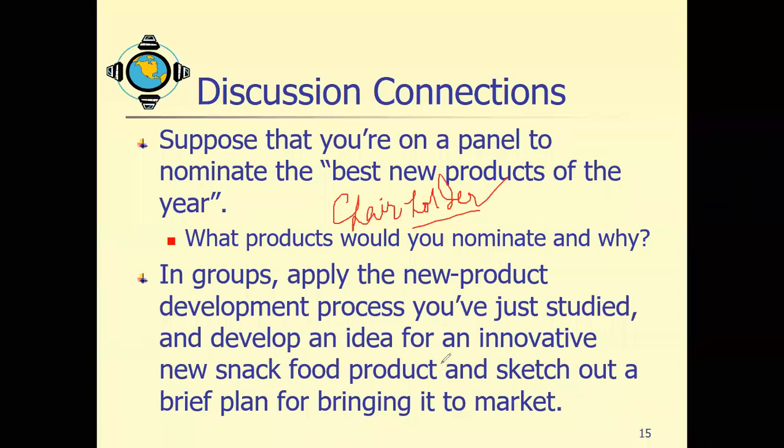So here it is defined that you can think of an innovative new snack food product and sketch out a brief plan for bringing it to the market. Snack food, what snacks can you introduce in the market? It may be a unique kind of sandwich. It may be a unique kind of burger, a multi-level burger you can think of.